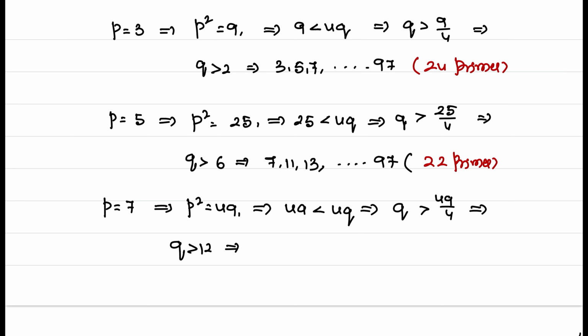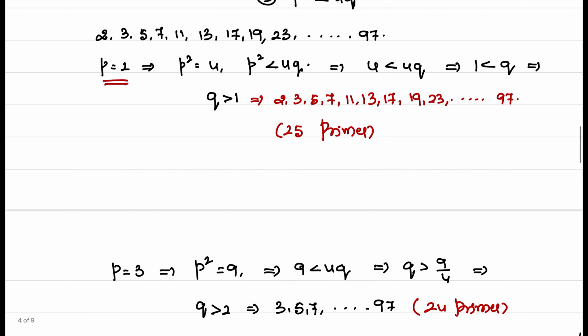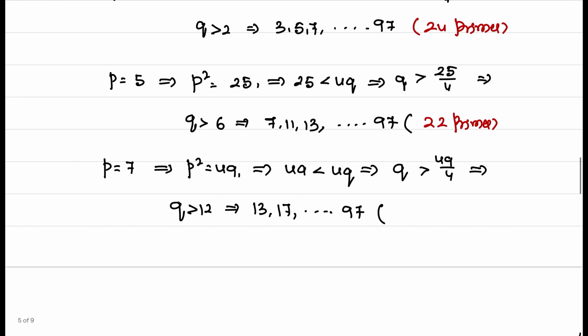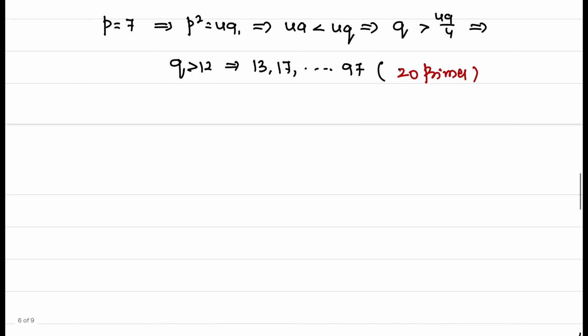The prime after 12 is 13, 17 up to 97. How many are there up to 13? If you remember, remove 1, 2, 3, 4, 5. 5 you remove from 25. Then this will be 20 pairs, 20 primes. Please see how beautiful the question is. I made it myself.